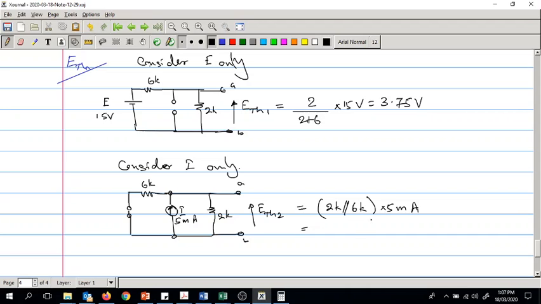So this will result in a kilo ohms resistance. This is milli, so I can get rid of those two.